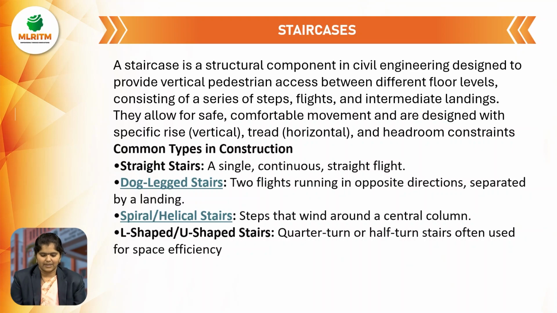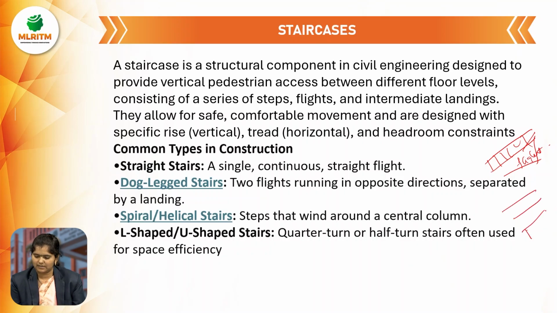Straight staircases, a singular continuous straight flight. Like only a single flight is there, it's called straight stairs. Dog-legged staircases, two flights running in opposite directions, like this. Opposite direction, one landing, it's called landing.